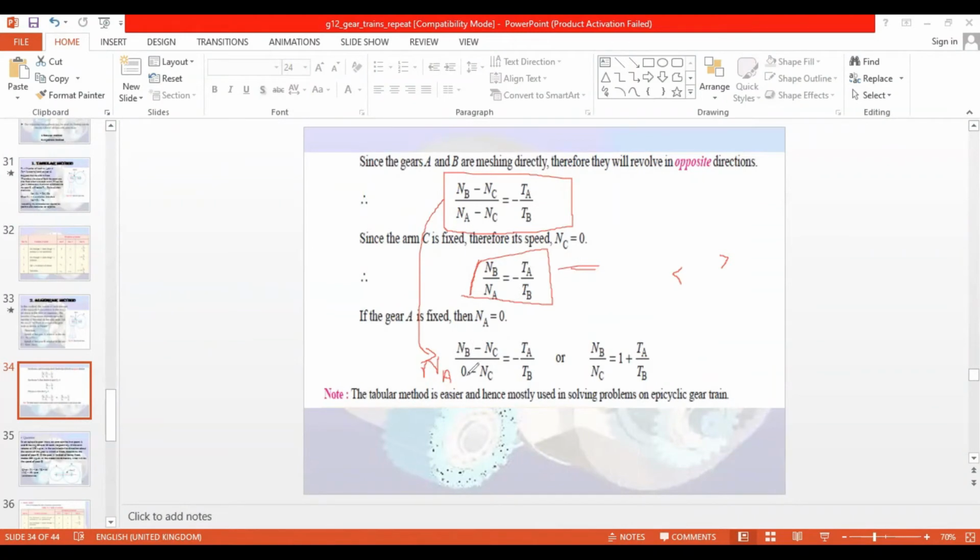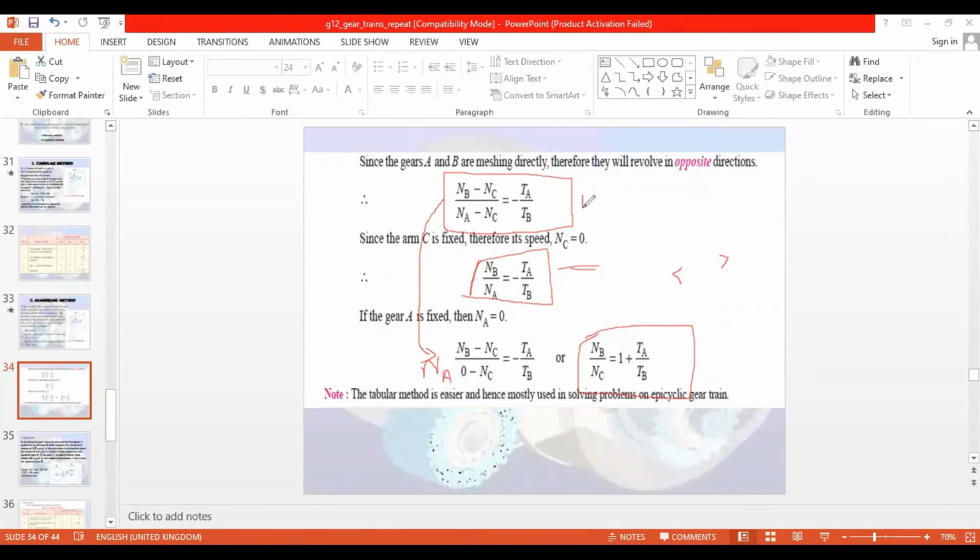So here I will have minus NB upon NC. If I take it this side, I will have NB upon NC. Here I have TA upon TB, I will take it here. So TA upon TB plus 1, so 1 plus TA upon TB. So if NA is fixed, then this is going to be the equation. If NC is fixed, then this is going to be the equation.